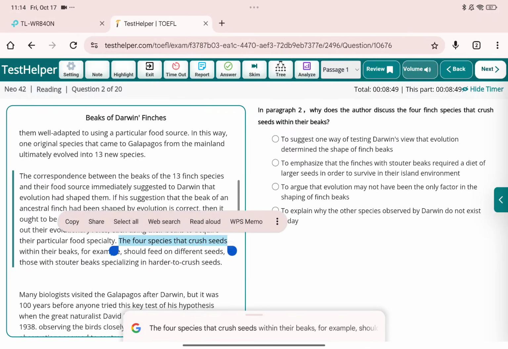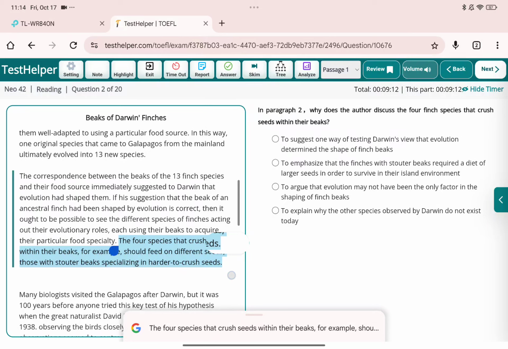Here we have our keyword, and the evidence is here, and this shows that the author is mentioning the 4 finch species as an example of how Darwin's theory could be tested, by observing whether finches with stronger beaks eat harder seeds. So that's the case. Our answer is here.